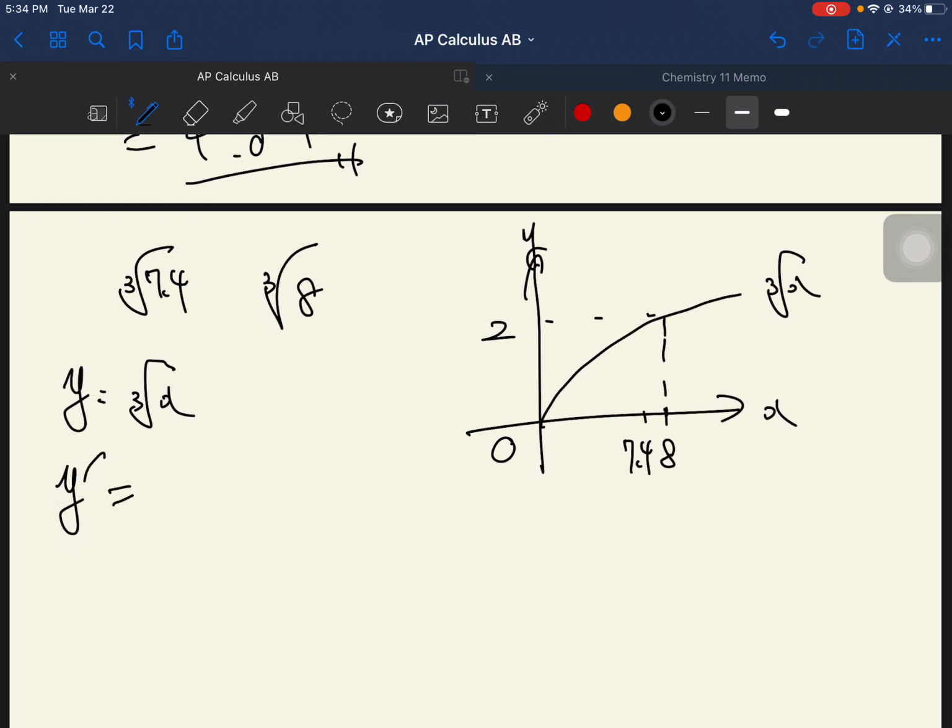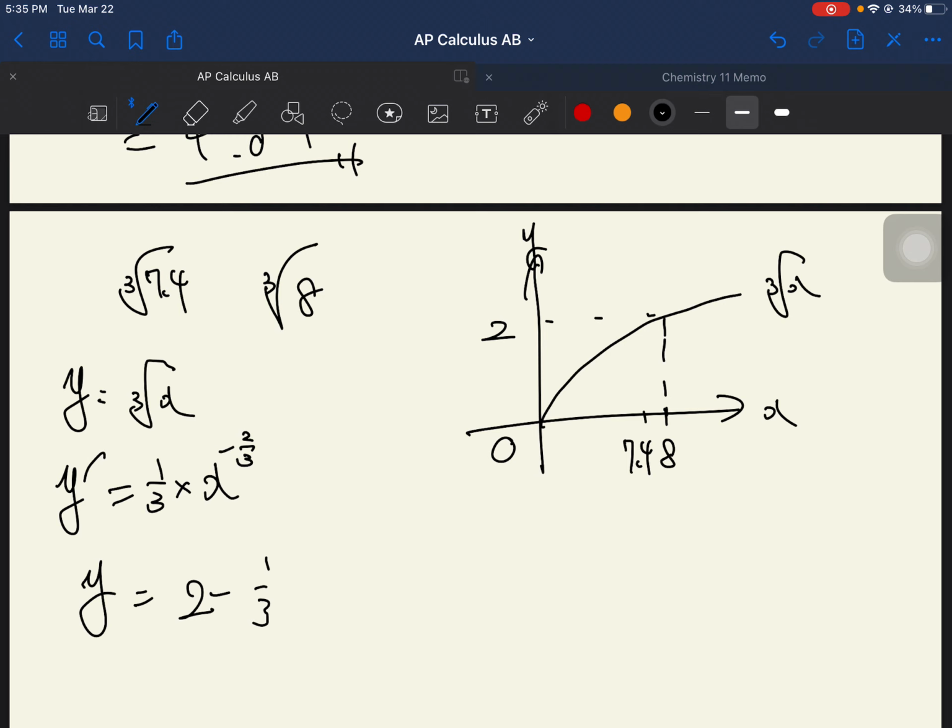So let me find the y prime. y prime is 1 over 3 times x to the power of negative 2 over 3. So the value of y is 2 plus 1 over 3, but this time it's negative because it's a little bit smaller than 8.